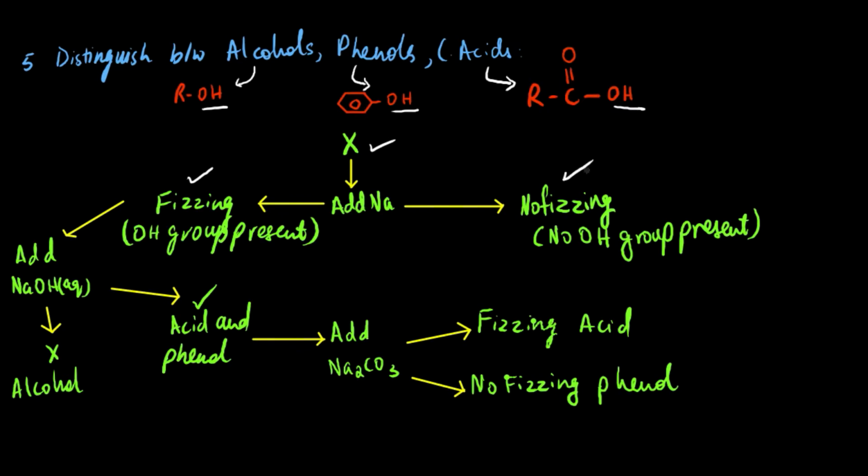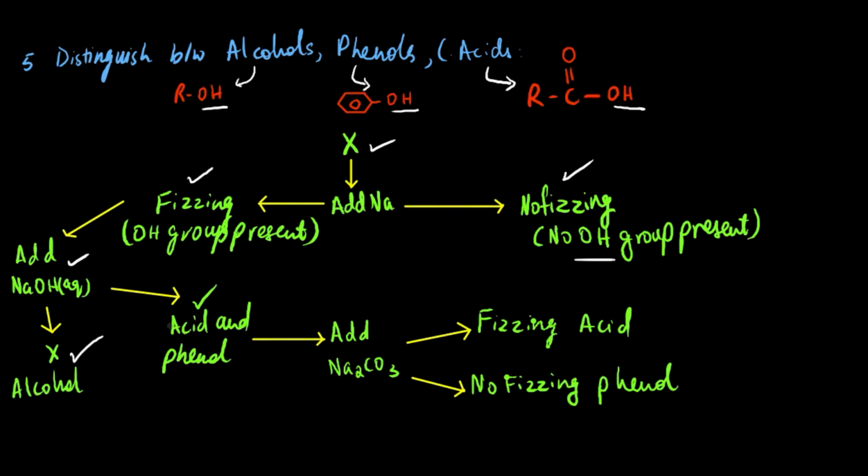Now, if fizzing doesn't happen, it's quite clear that the OH group is not present. But what if the OH group is present and fizzing does occur? Then you will add NaOH. We very well know that NaOH does not react with alcohols. We have already discussed this in a previous video.